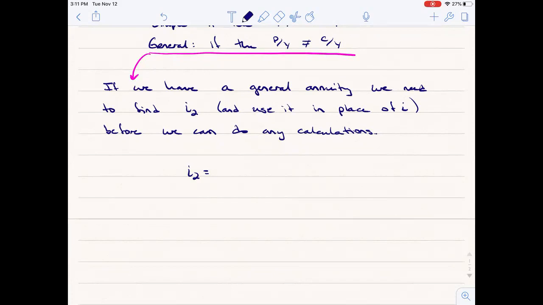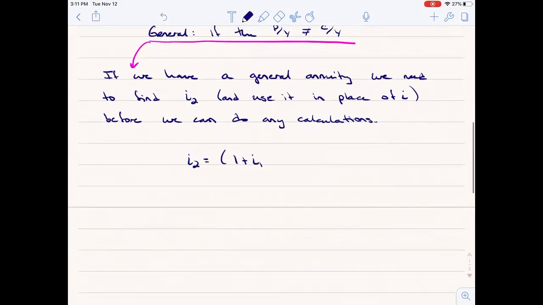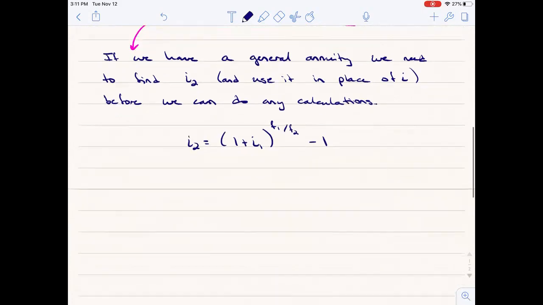I2 equals 1 plus I1 to the power of F1 over F2, and then minus 1.